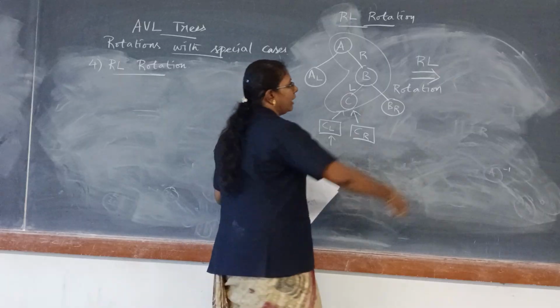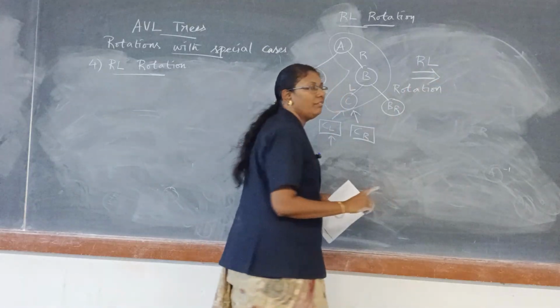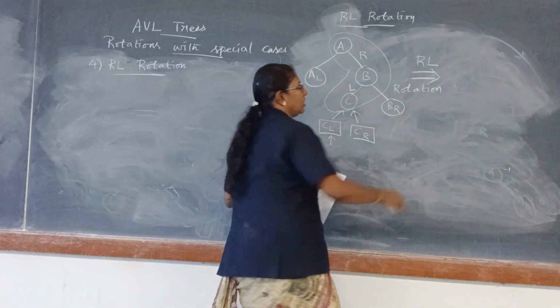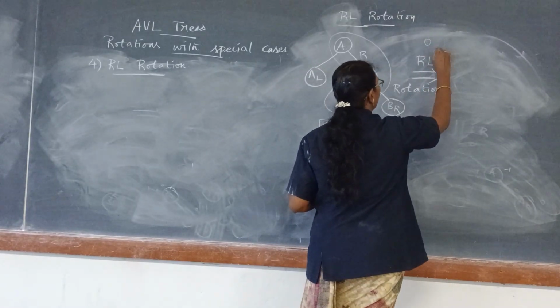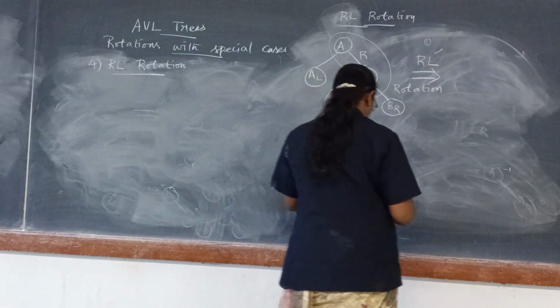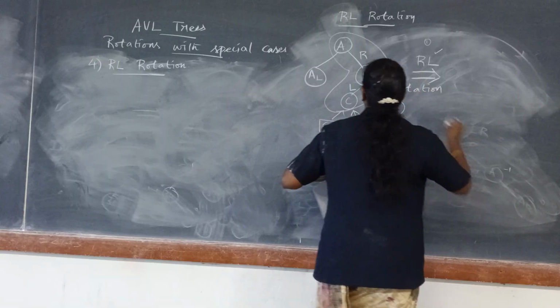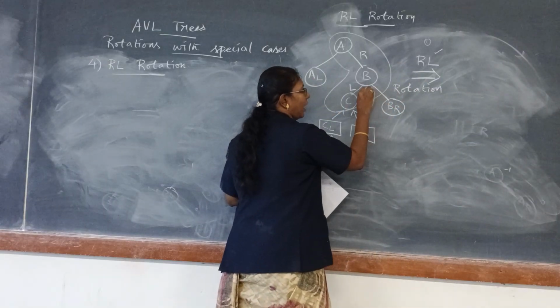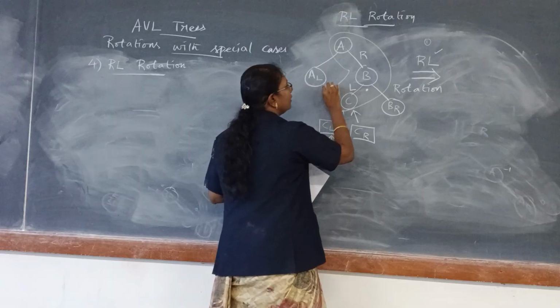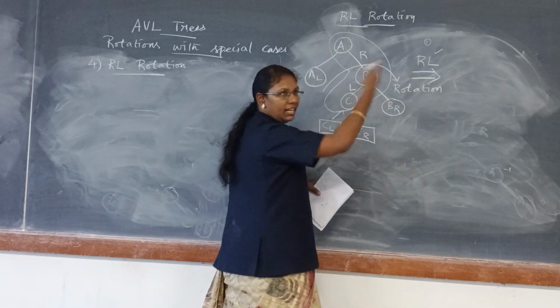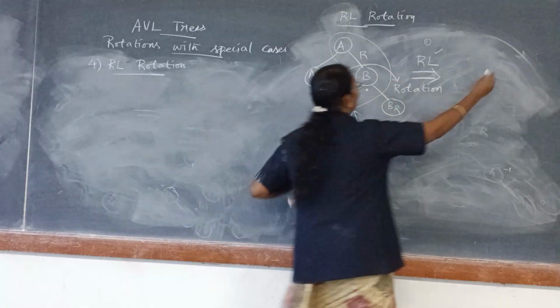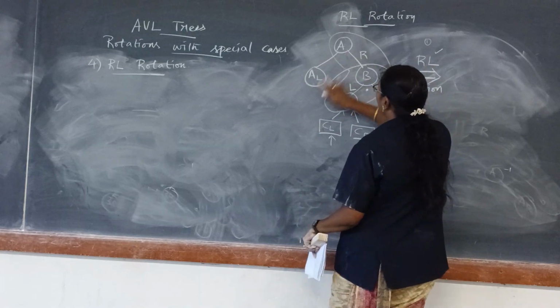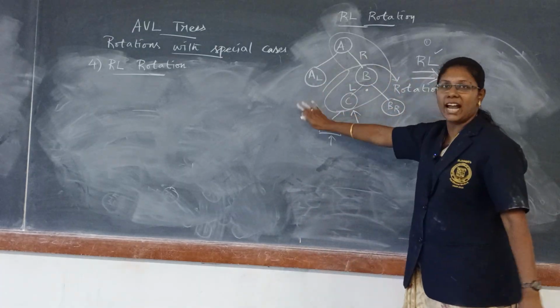For RL rotation, we need to perform the first left rotation. In this first step, I need to do the left rotation. In this case, I am going to take this point as the pivot point and simply drag everything toward the right hand side from the left. Remember A and AL remain untouched.